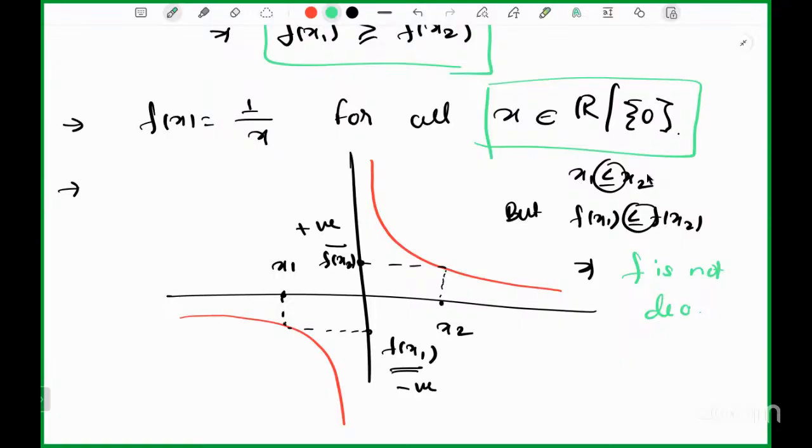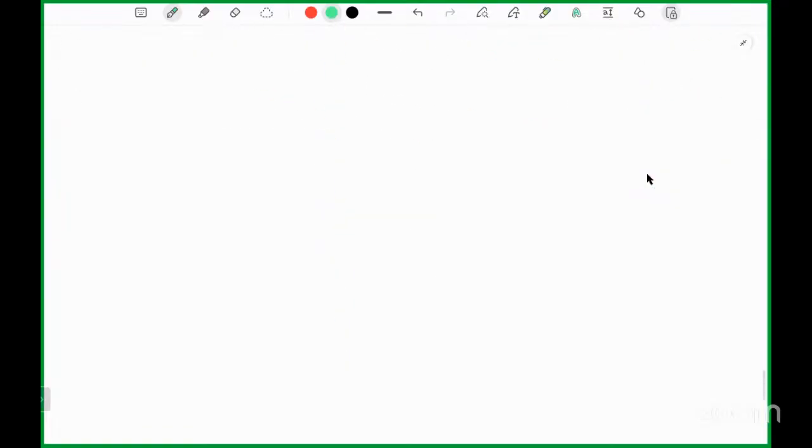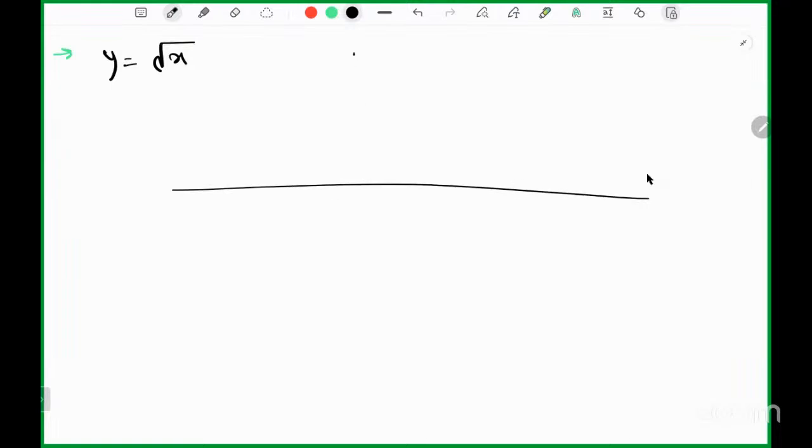And if it is not touching at any point, then also it's 1-1. How, ma'am? If it is not touching it, how can we prove that it is 1-1? See, if it's not cutting, that means that value of y is not attained. That's all. You can consider the graph of y equals the square root of x. This function has a graph like this.